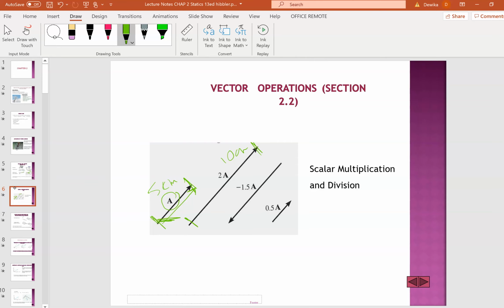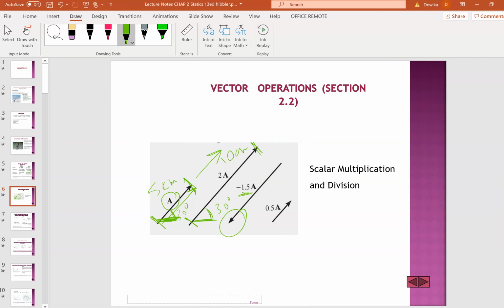Even the angle is very sensitive. If this angle is 30 degrees, then this angle will also be 30 degrees. The direction matters. Direction upward here is positive, whereas direction down here is negative.